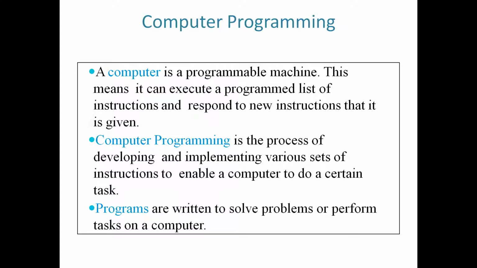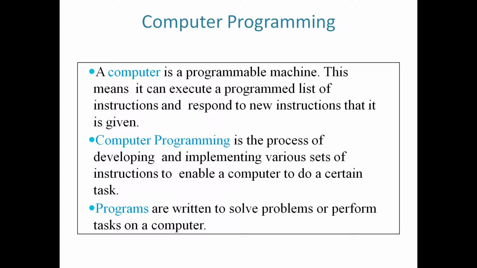So now, computer programming. Computer programming is the process of developing and implementing various sets of instructions to enable a computer to do a certain task. What do we mean by developing and implementing the various sets? In simple words, let's say that we give instructions to a human.